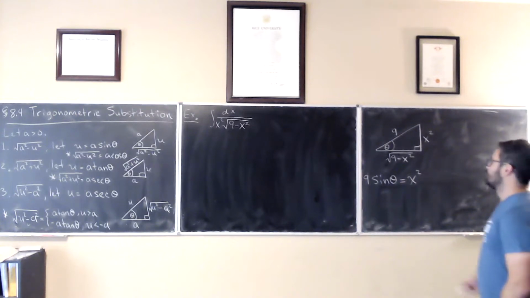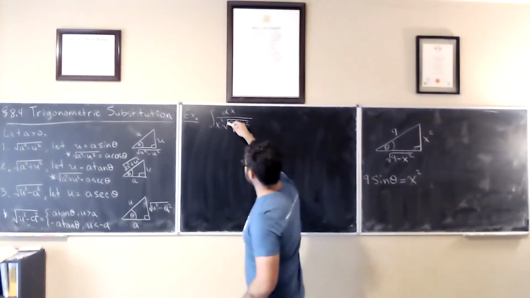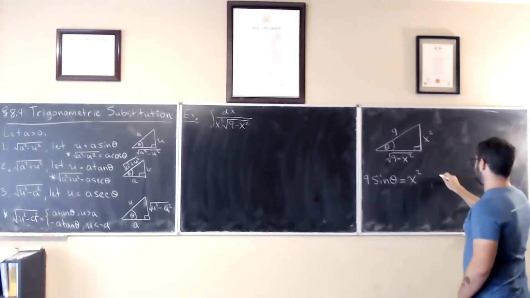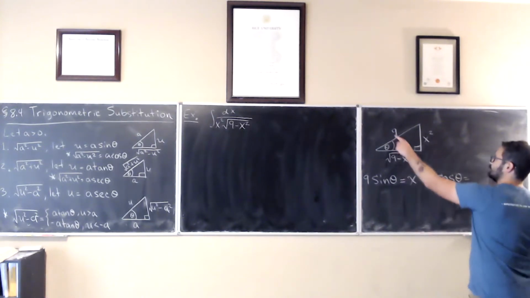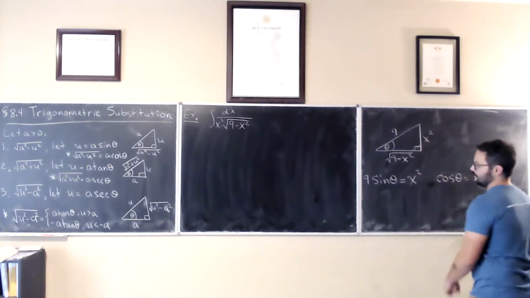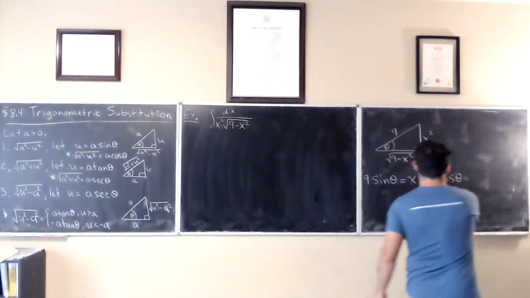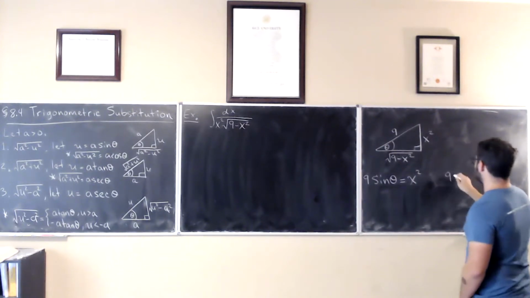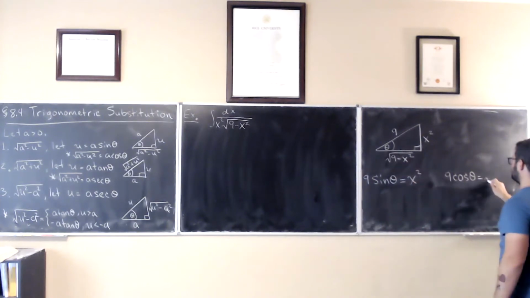Also, if I'm going to try to replace this square root business, the radical business, then maybe cosine theta is equal to this over 9. Or I can say that, running out of room, 9 times cosine theta is equal to this radical.